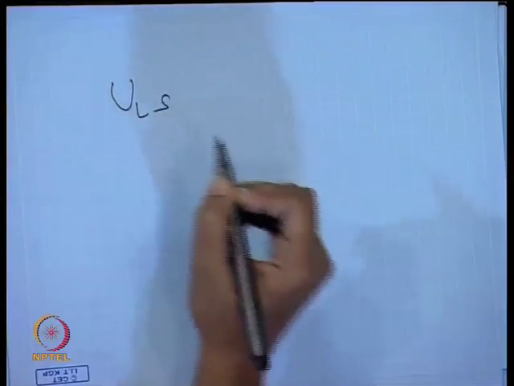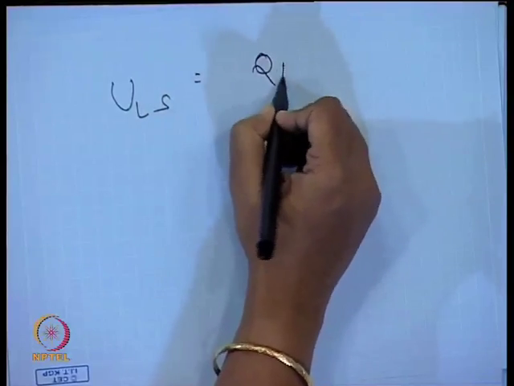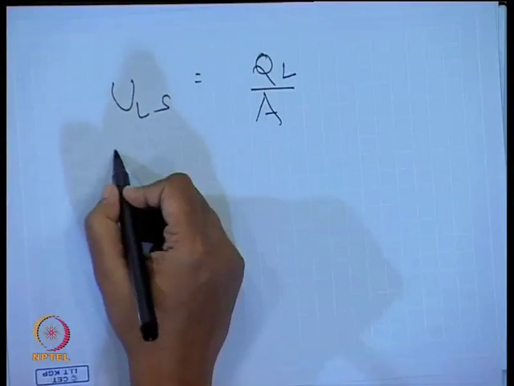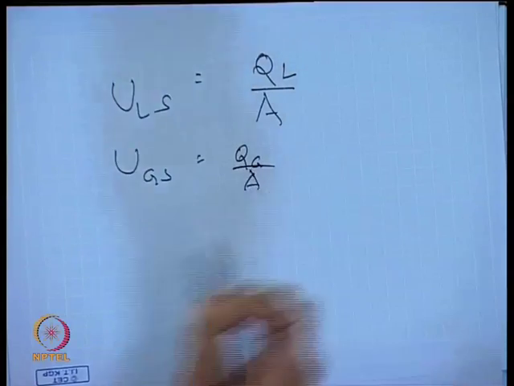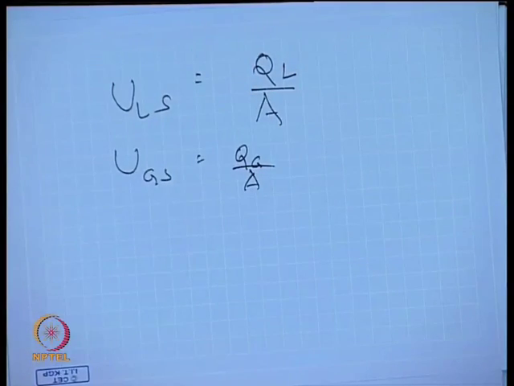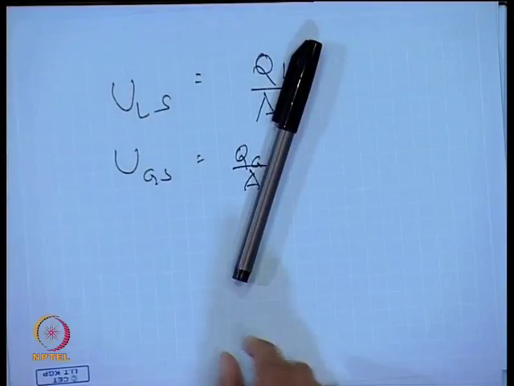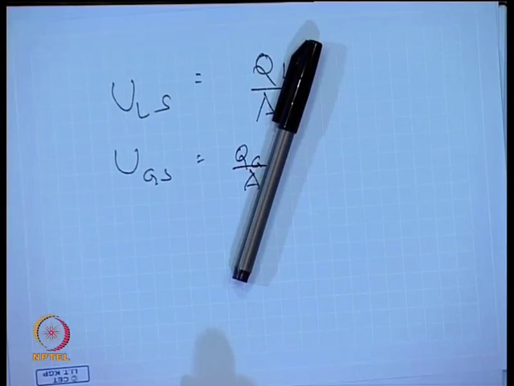We will be dealing with all the nomenclature in detail after we finish the flow pattern chapter. It is basically the liquid flow rate by the area and the gas flow rate by the area. So, these are the superficial velocities, and this is the most conventional way of doing it.